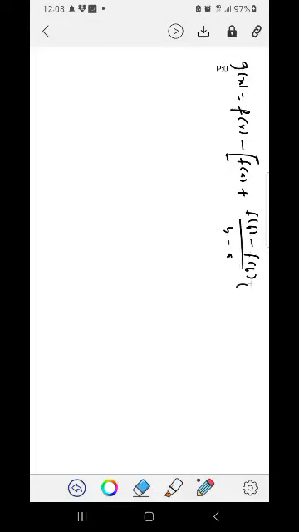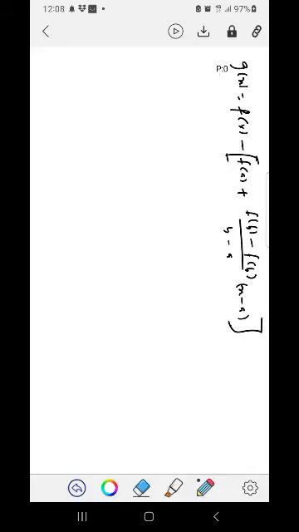G at x equals f at x minus f at a plus f at b minus f at a over b minus a times x minus a.